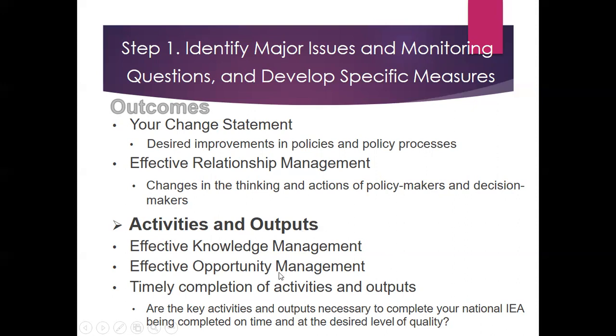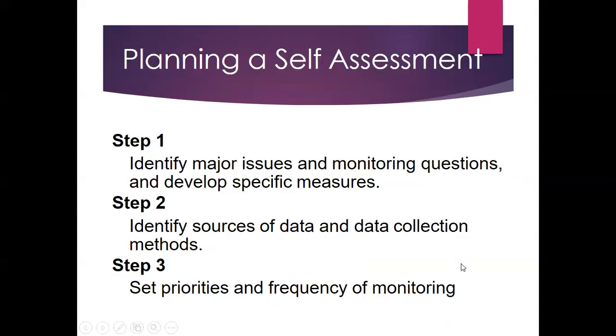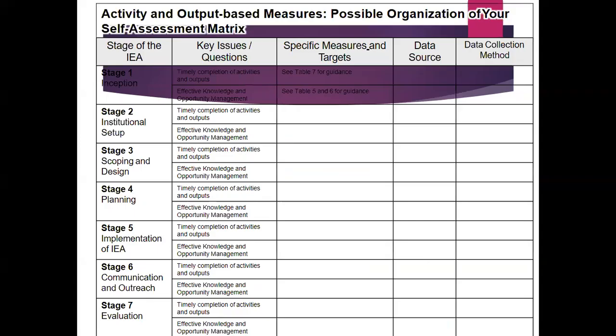Activities and outputs, we looked at that. Knowledge, opportunities, communication, and then of course, timely completion. Are you meeting your deadlines as had been initially designed or identified, right? So all of this is planning for your step one. Remember we talked about step one in the planning assessment here. Okay.